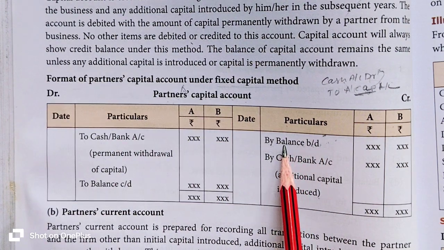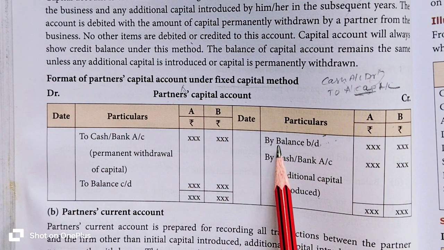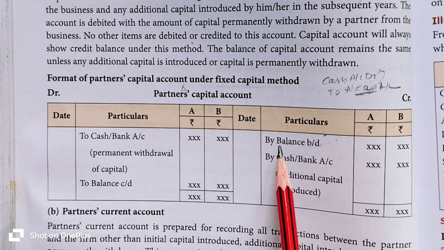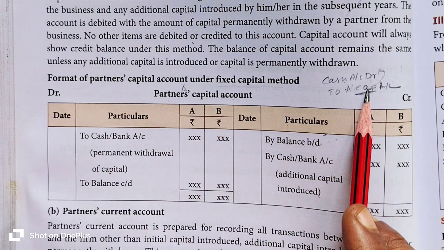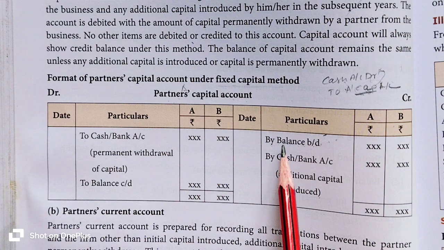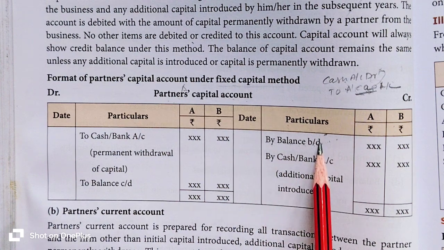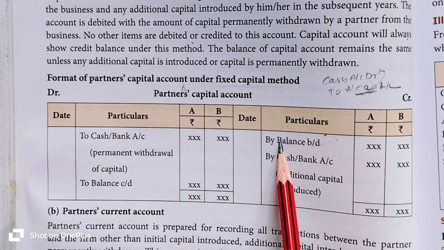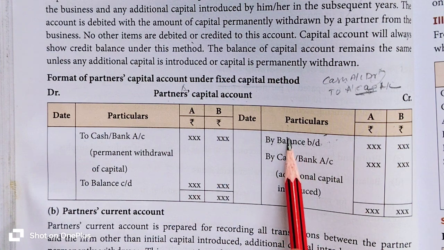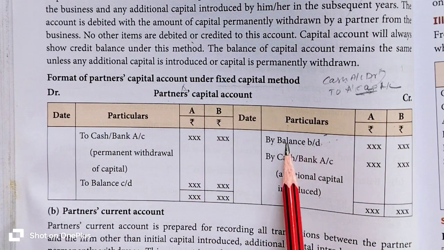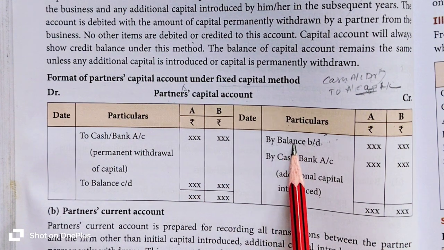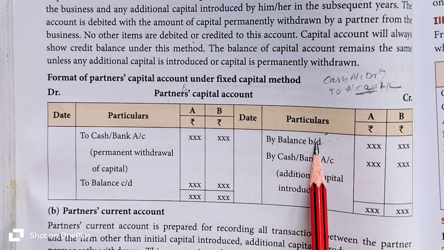In the journal capital is on the credit side, so in the ledger account you go to the credit side and write by balance brought down, because this is the opening balance of the original amount of capital introduced by the partners into the business.